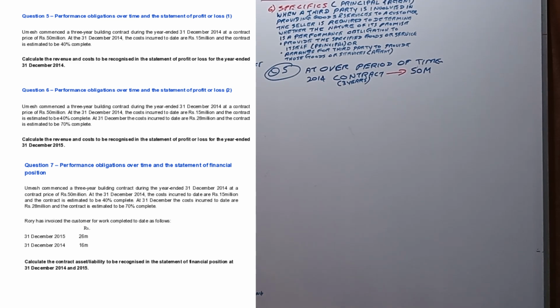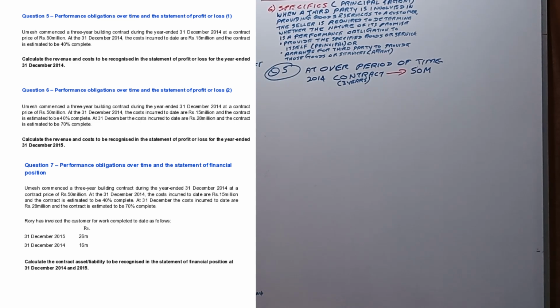And at 31st December 2014, the cost incurred to date is 15 million and the contract is estimated to be 40% completed. And at 31st December 2015, the cost incurred to date is 28 million, and the contract is estimated to be 70% completed, right?